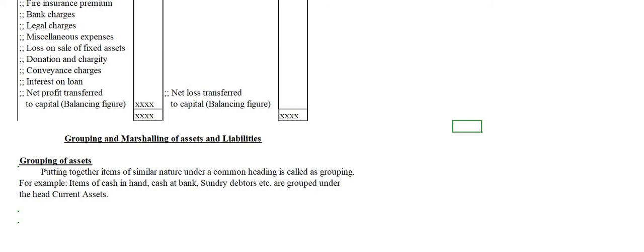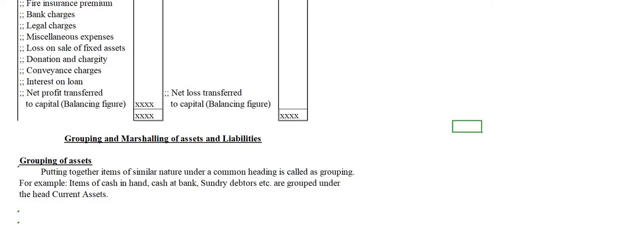Sundry debtors is the combination of all the customers who have to pay money to us. So under the heading sundry debtors, we will include all the people who have to pay money to us. So that is also an example of grouping of assets.